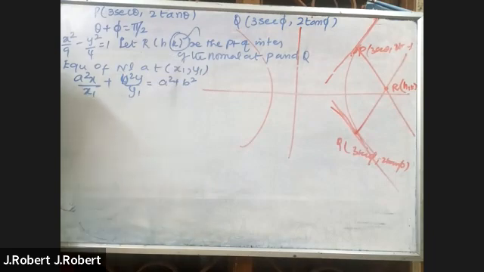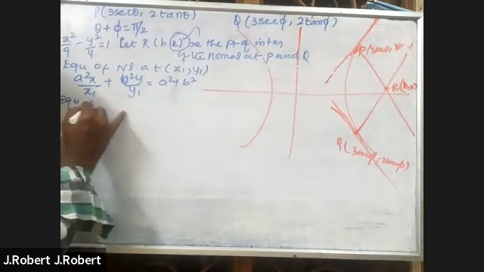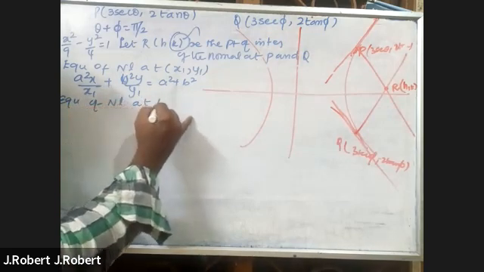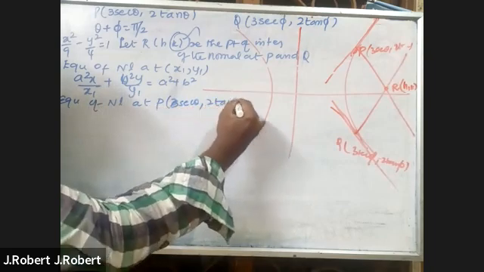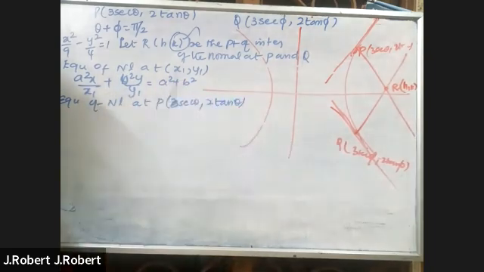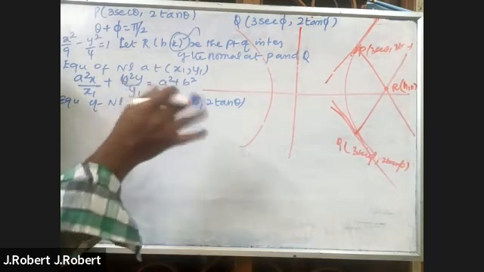Now the equation of the normal at P, where P is (3 secant theta, 2 tan theta). Wherever x1 comes, put 3 secant theta, and wherever y1 comes, put 2 tan theta.